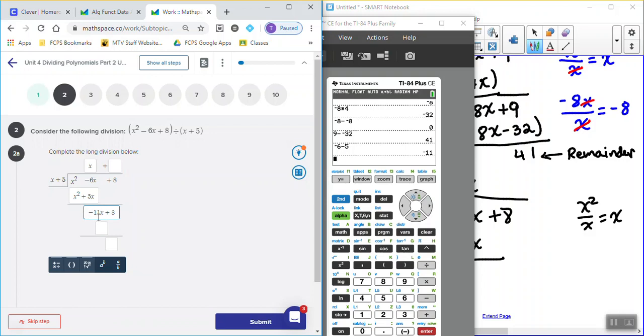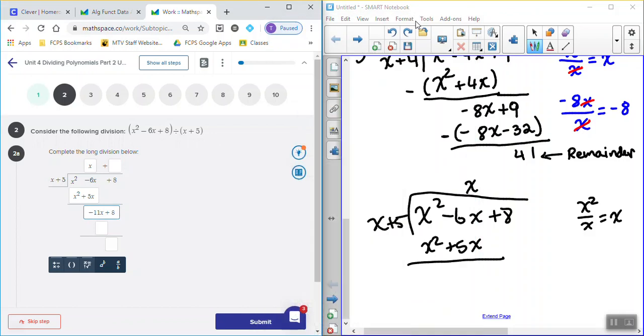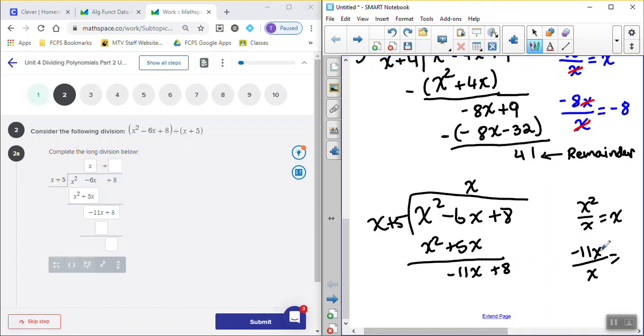Now what I'm going to do is take negative 11x and divide it by x. Bring down the 8. So now negative 11x divided by x, and what happens here is the x's get crossed out and I have negative 11, which I'm going to write here.